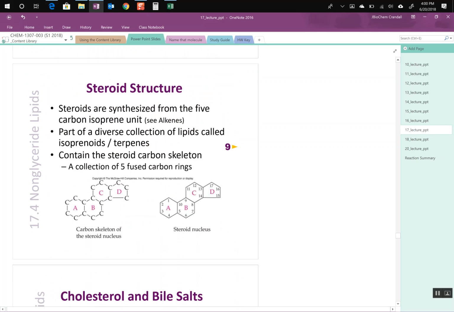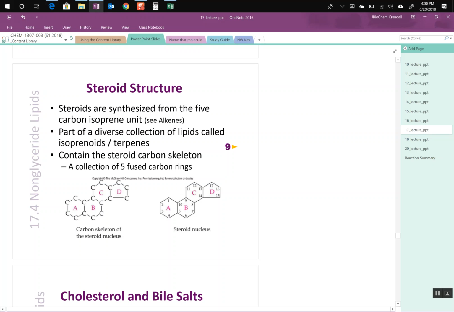Okay, steroids are another class of lipids. So you guys often hear steroids and you're like, right, somebody's taking steroids, or that they're on these drugs that are going to make them strong. That's not the only kind of steroid. That is a type of steroid, but steroids are lipid messengers. That's what they are. They're hormones. They're lipid hormones.